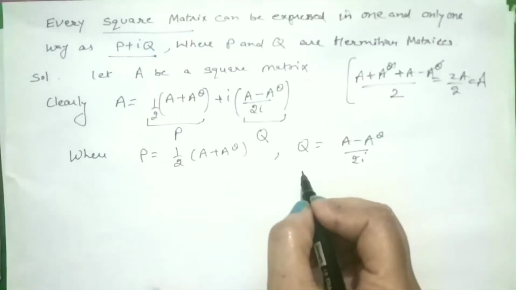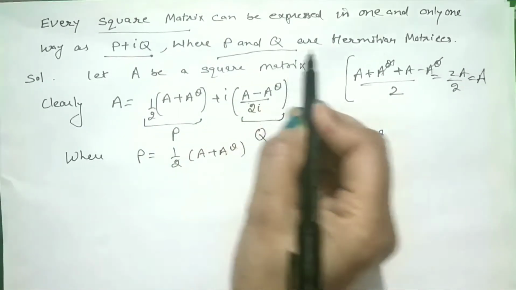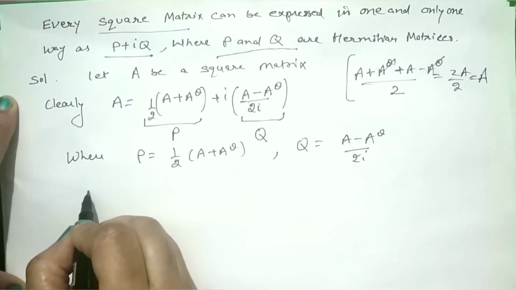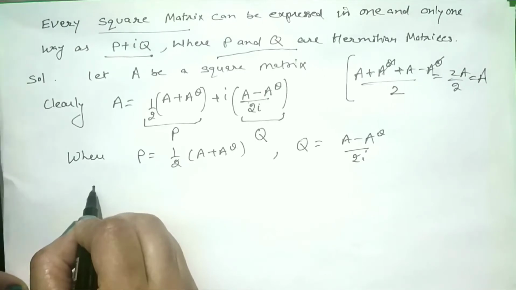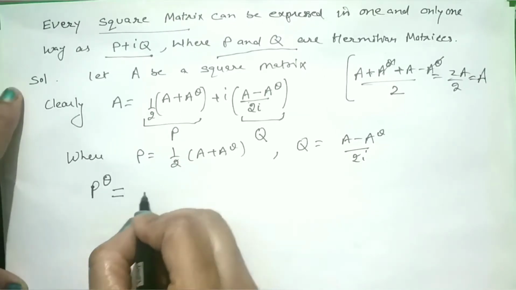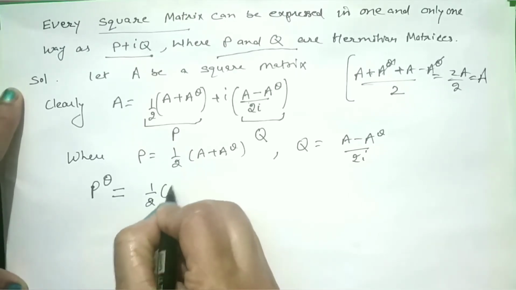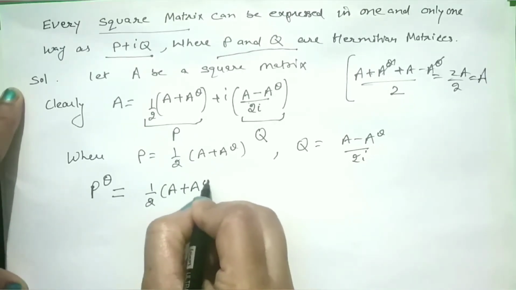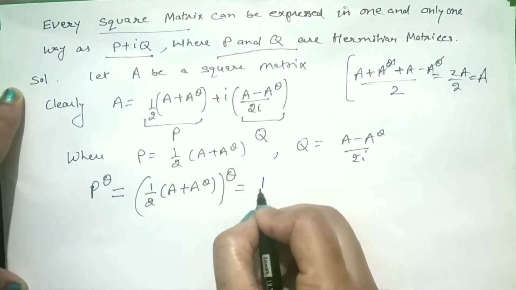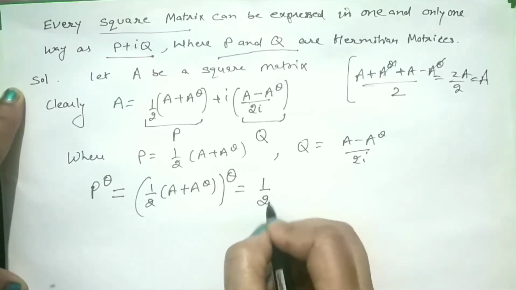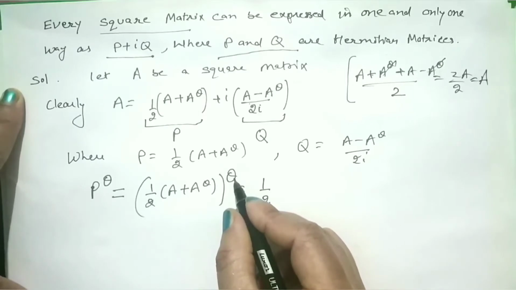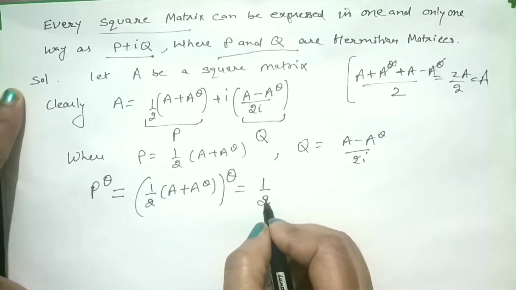Now we have to check that both P and Q are Hermitian. Whenever we have to check whether a matrix is Hermitian or not, we have to take theta for that matrix. So what is P theta? P theta means 1 by 2 A plus A theta, now theta of this. Theta will go inside the bracket. 2 as a real number would not be affected by the sign theta. Theta means transpose, and a single number cannot be transposed.